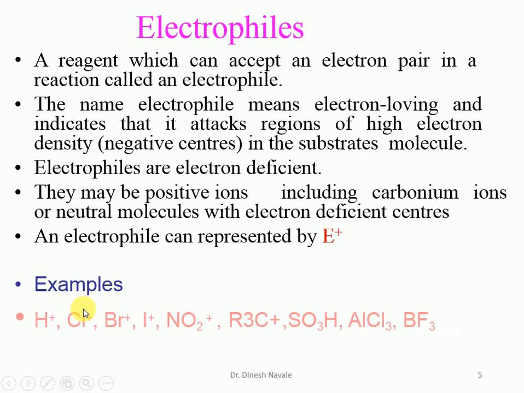Some examples are proton, chlorine plus, bromine, iodine, halide containing a positive charge, nitronium ion, carbocation, sulfonic acid, AlCl3, BF3, in which the first four electrophiles contain a positive charge and the last three do not contain a positive charge, but they are electron deficient, so they belong to the Lewis acid type of electrophiles, and all these are charged species.